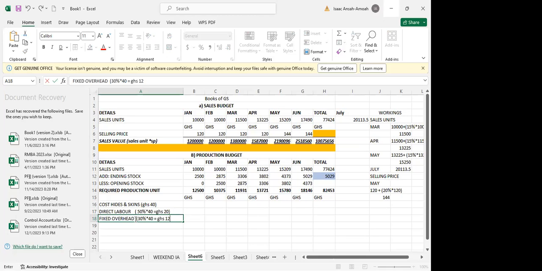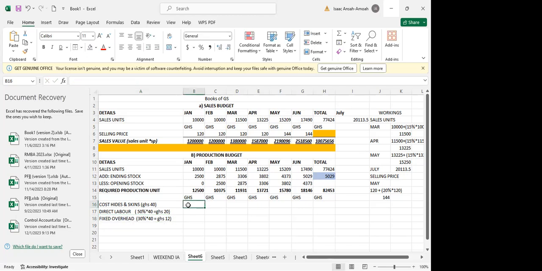Okay. What do we do with this? We're going to multiply each and every element here with our required production unit. So I'm going to multiply 40, which is cost of hides and skins, by required production unit month on month, right? So 40 by the required production unit in January, 40 by the required production unit in February, 40 in that order up to June, right?